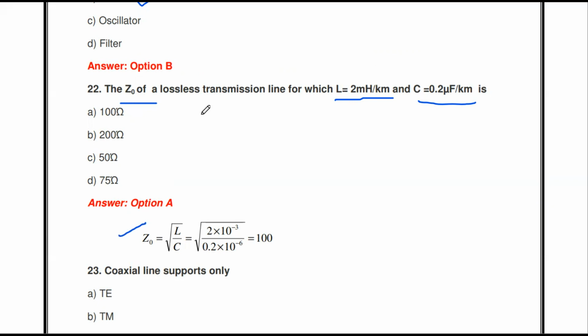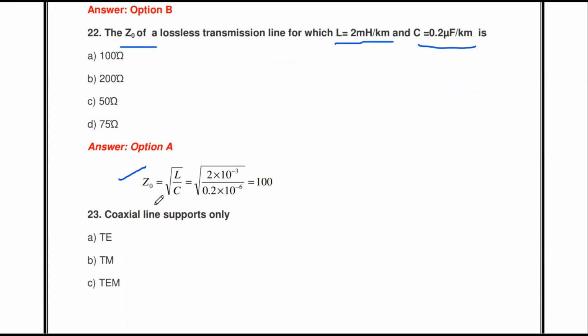L and C values are given. The relation is Z naught equals square root of L divided by C. So substitute the value of L: 2 millihenry per kilometer, 2 times 10 to the power minus 3, divided by the capacitance, 0.2 micro.